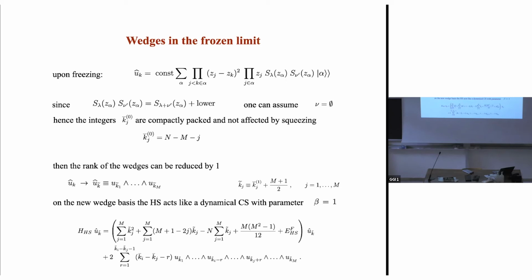So we can safely assume that nu is the trivial partition, and then nu was related to the distribution of momenta for the spin up by some relation. So if nu is trivial, then this distribution of momenta for the up spins is fully packed.